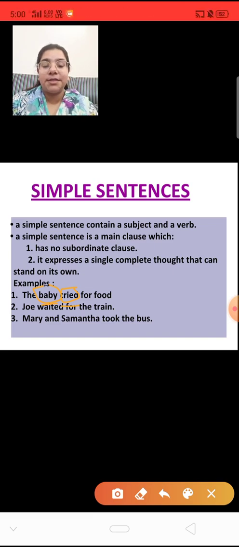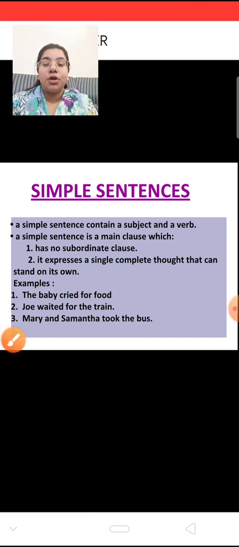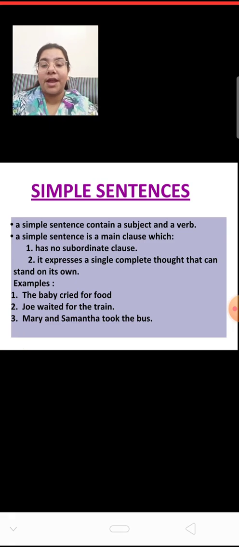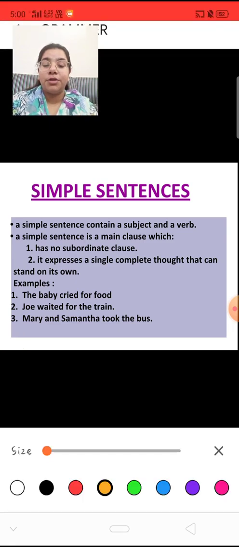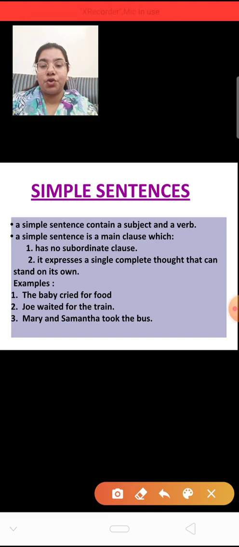The next sentence, let's see that also. Joe waited for the train. Here Joe is waiting for the train. Joe is the subject and waited is the verb. Now we have subject and verb combination. That means the sentence is complete in itself. The next one is Mary and Samantha took the bus.